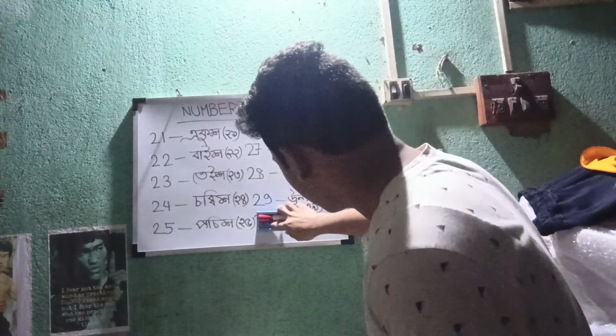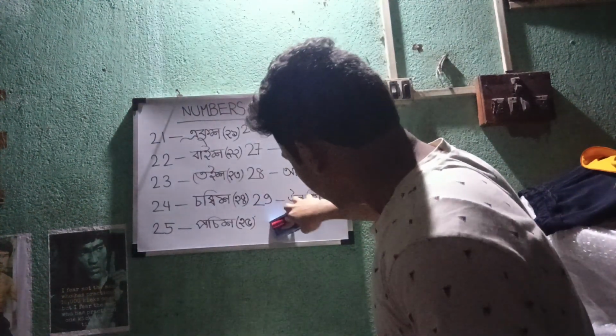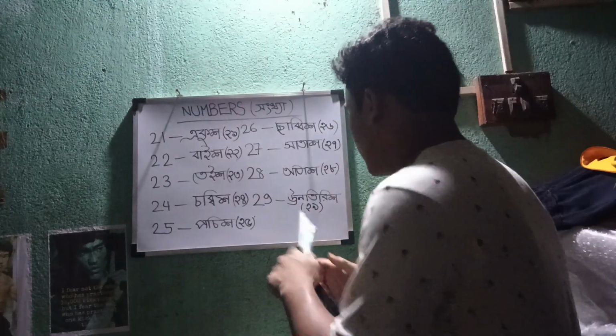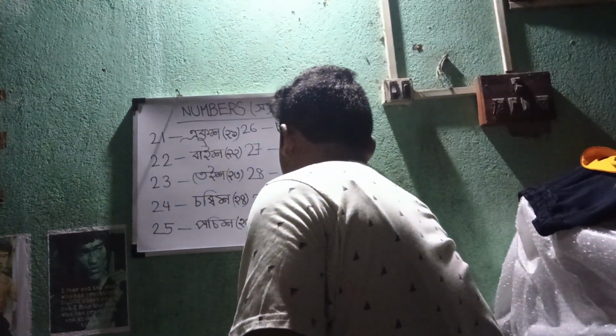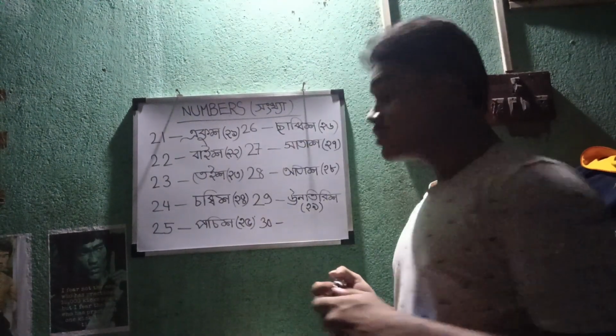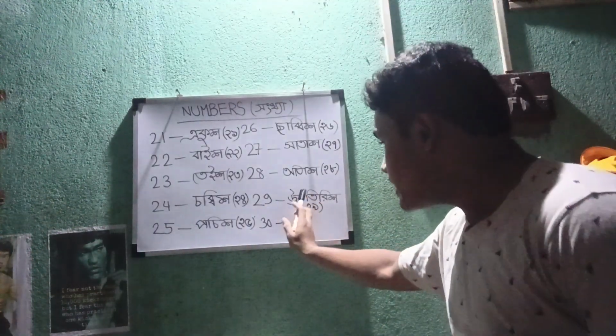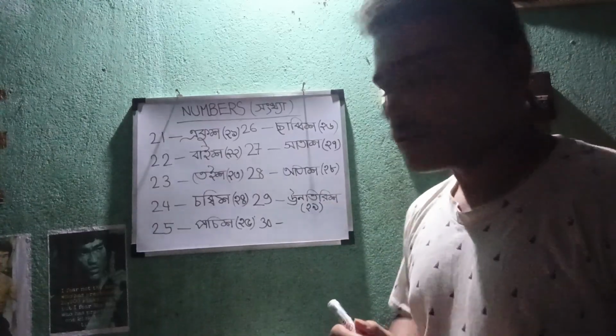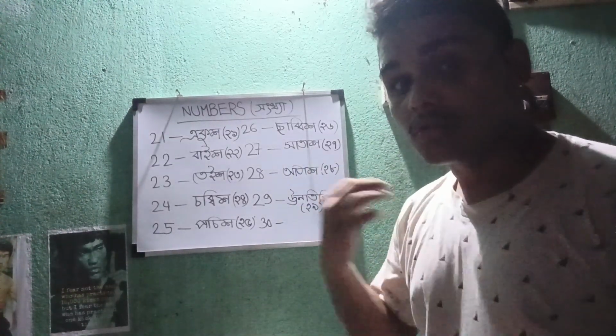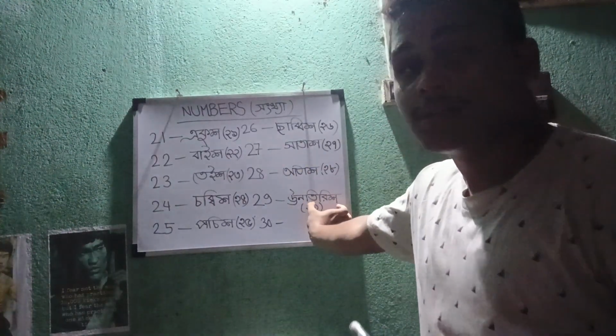So how can we say 30? You have to just erase this uno. So what will it pronounce?